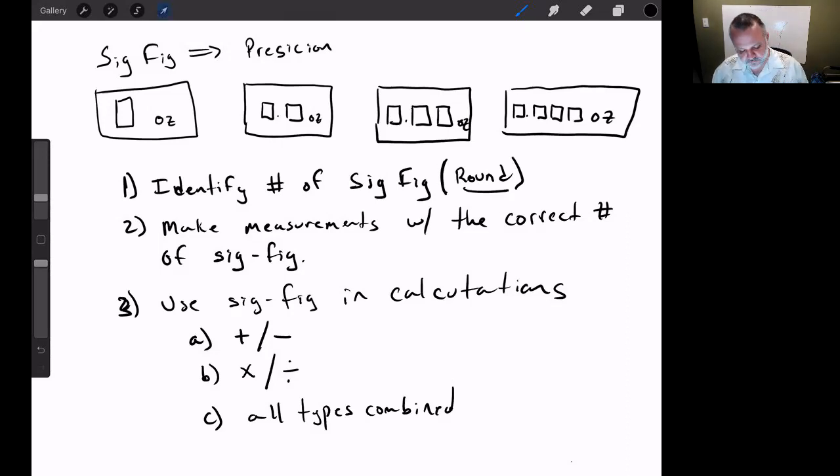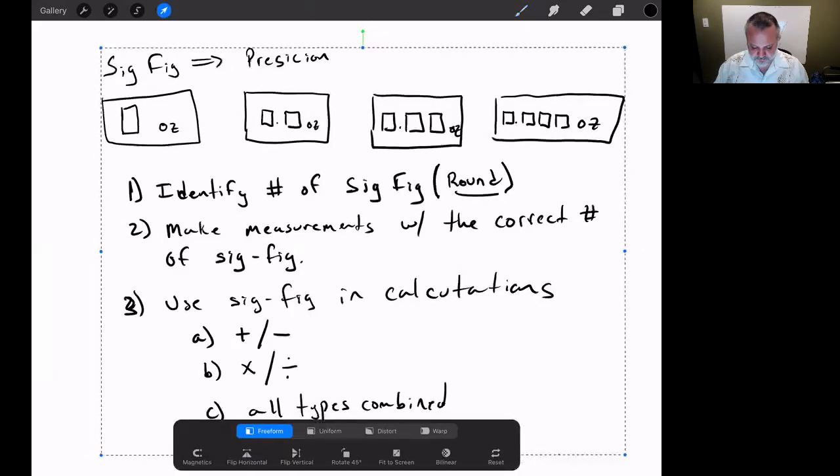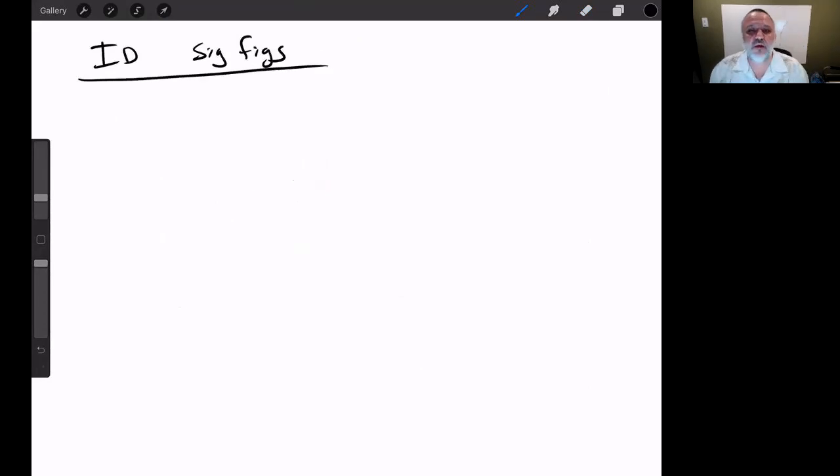So let's go from there, and let's start off with identifying the number of significant figures. To be honest, there's really no problem with identifying significant figures, significant digits, unless you're thinking about a zero.